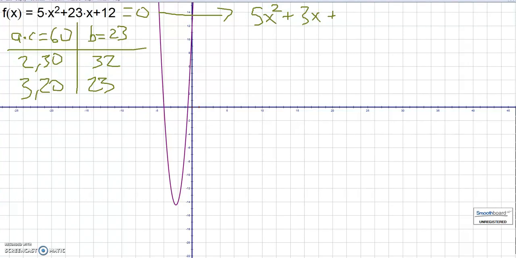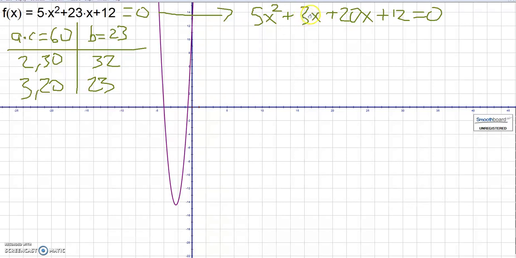Plus 20x, right? My numbers are 3 and 20. So 5x squared plus 3x plus 20x plus the original 12 still has to equal 0. When I do that, I have not changed the middle term really. It's still 23x's. I've just split them up.